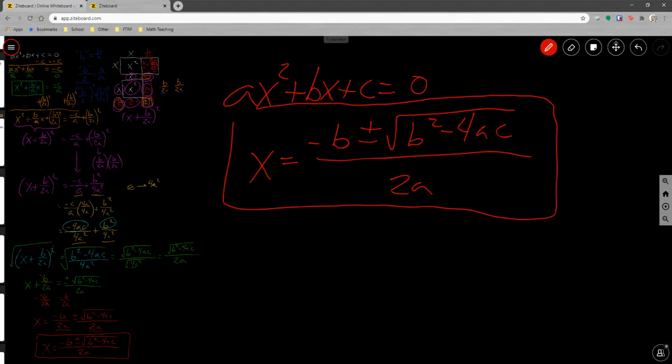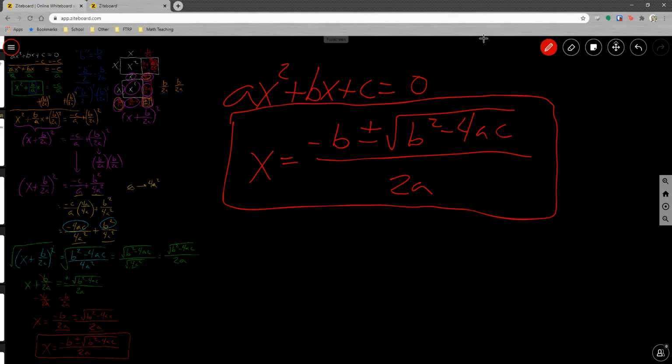So this is a value for x that we can find with any quadratic. As long as we know a, b, and c, we can plug all three of those values in, and we can get our answer. So this is a very, very powerful thing. Deriving it is a nightmare. I don't expect you guys to know how to do that, but I wanted to show you how we can get there from the standard form equation.